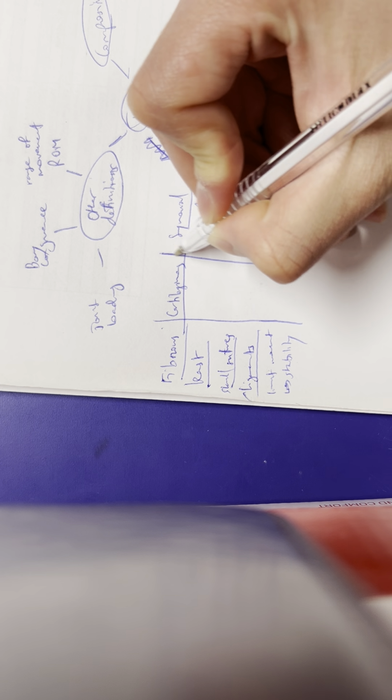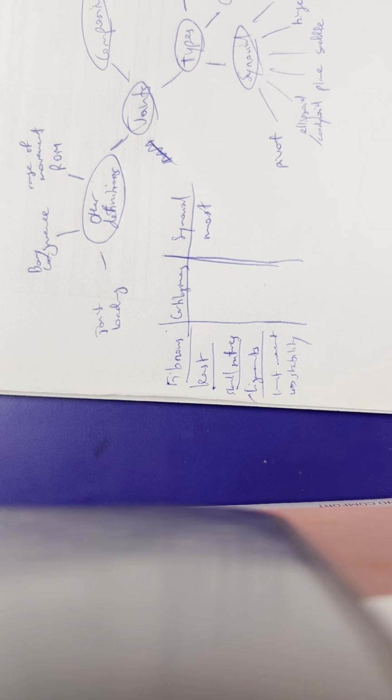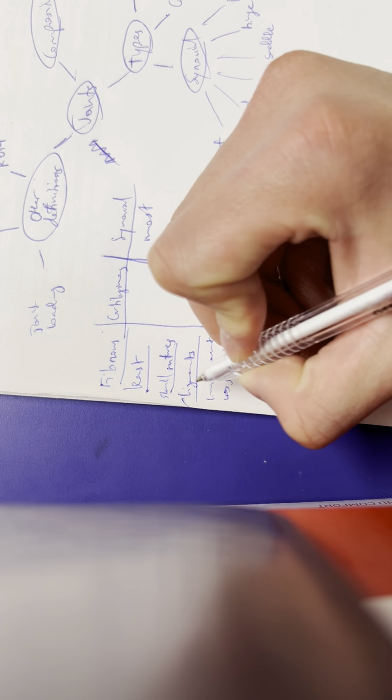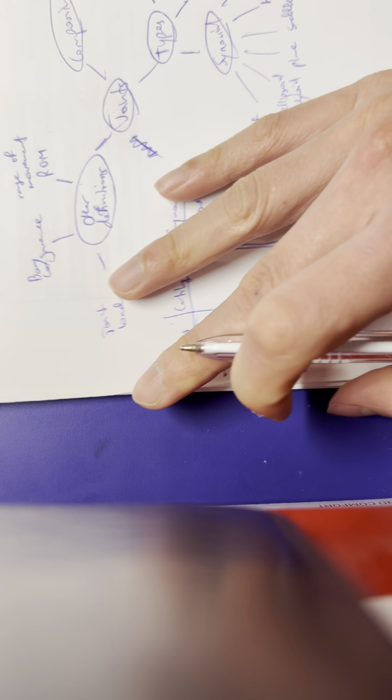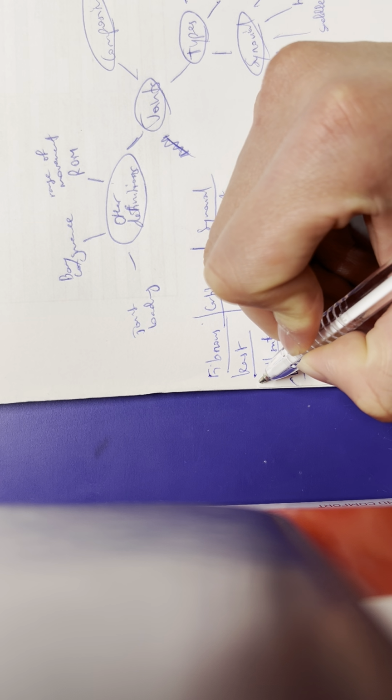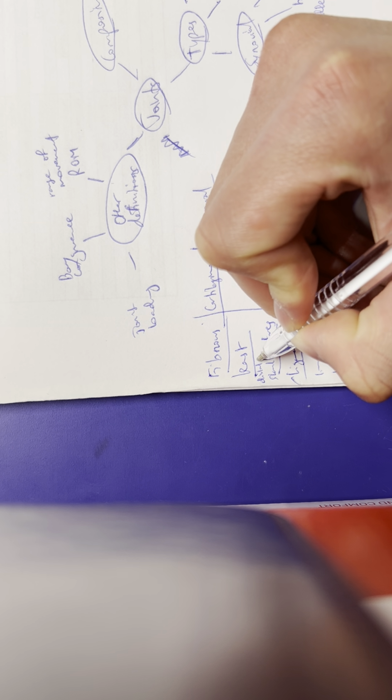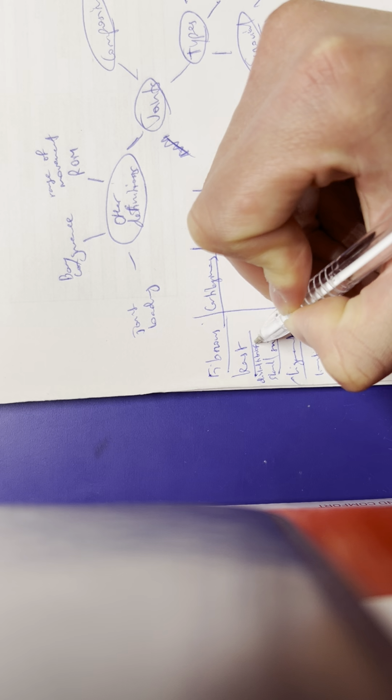Cartilaginous is a bit of an in between, because synovial is the most mobile one after all. But you have to know the examples. An example of fibrous will be skull sutures and the distal tibia fibula joint.